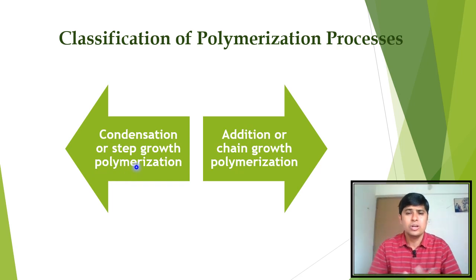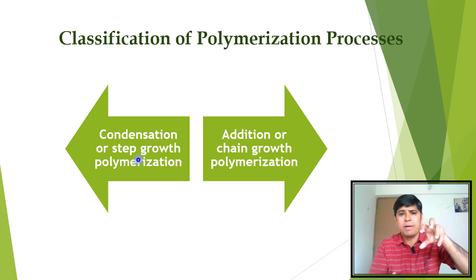Condensation means two molecules will combine with each other and there will be loss of some neutral molecule like water or ammonia. This type of neutral molecule gets lost by condensing two molecules. This is condensation polymerization, also called step growth polymerization.